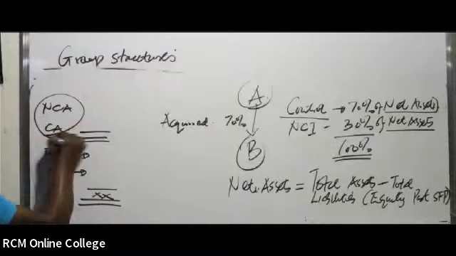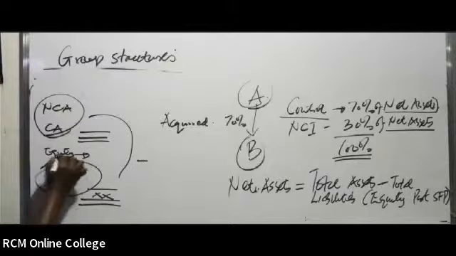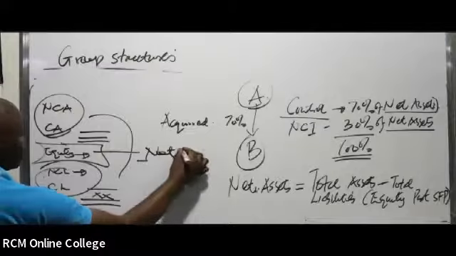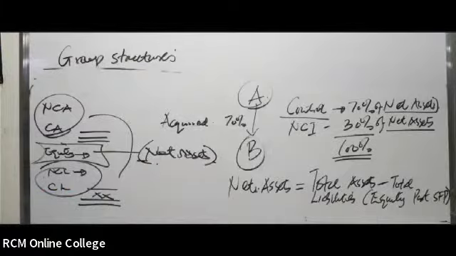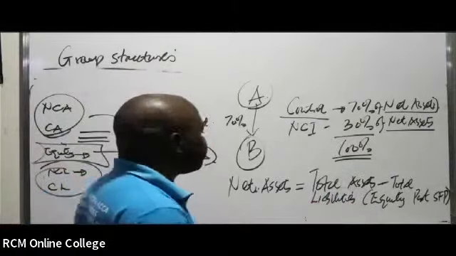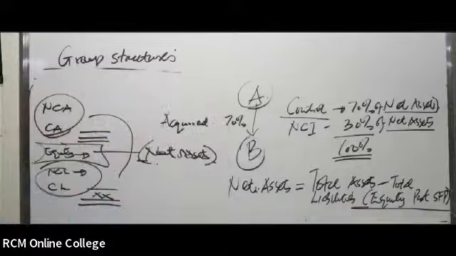If we take the assets and minus the liabilities, we remain with the equity, the net assets. These are the net assets acquired by the parent company.